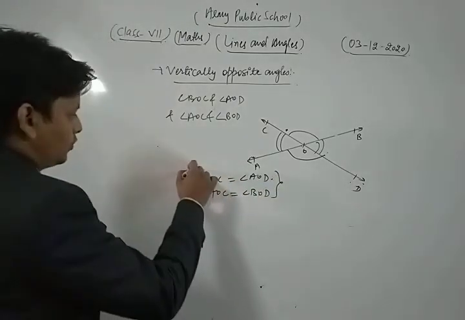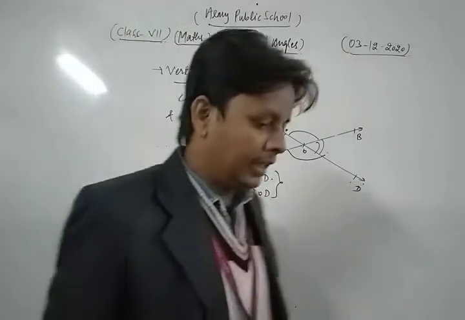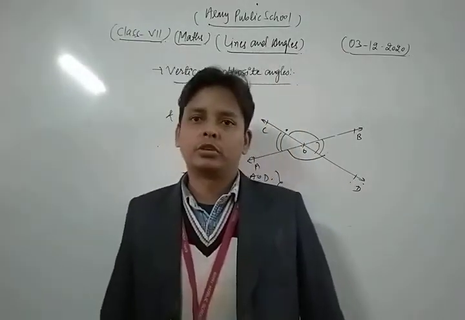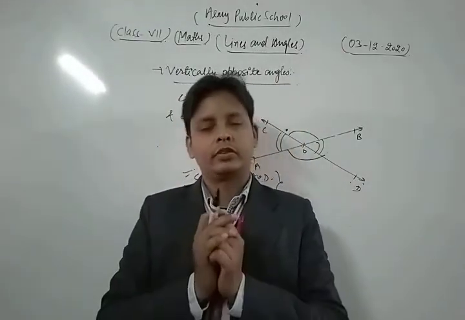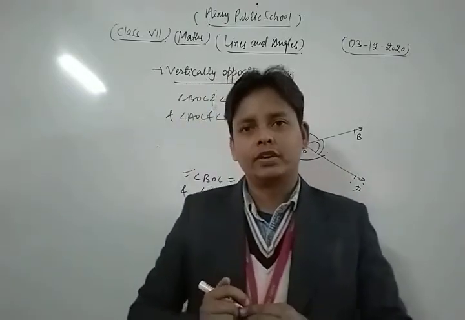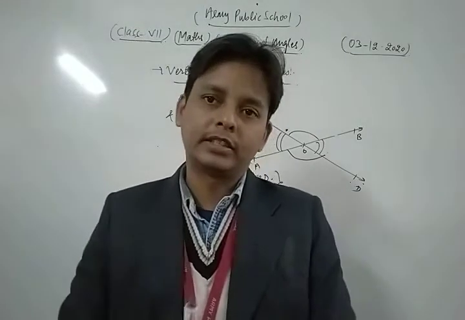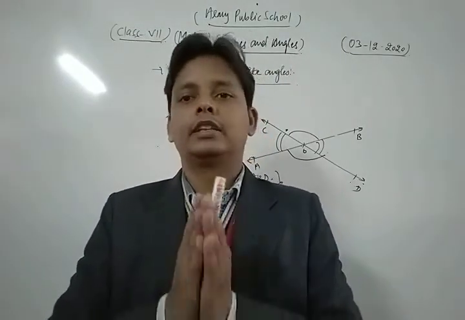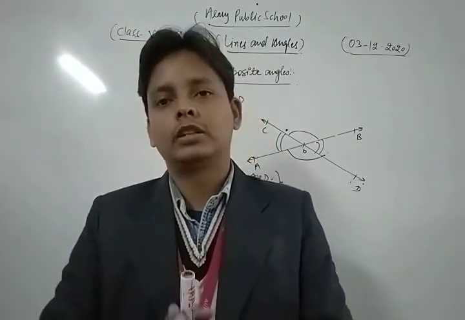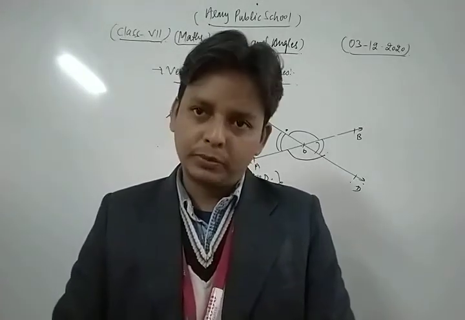So there are two pairs of vertically opposite angles when two lines intersect each other at any point, and these are equal to each other. So this is the concept of vertically opposite angles.